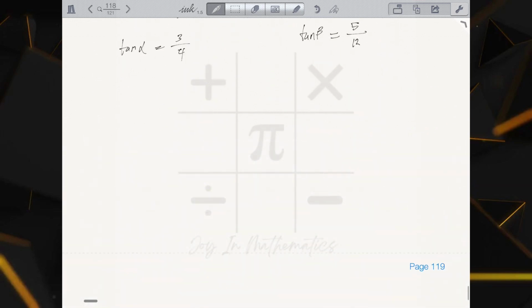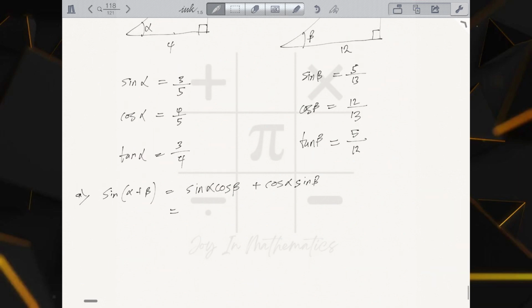So simplifying this according to the law, we have sine(alpha + beta) giving us sine alpha multiplied by cos beta plus cos alpha multiplied by sine beta.